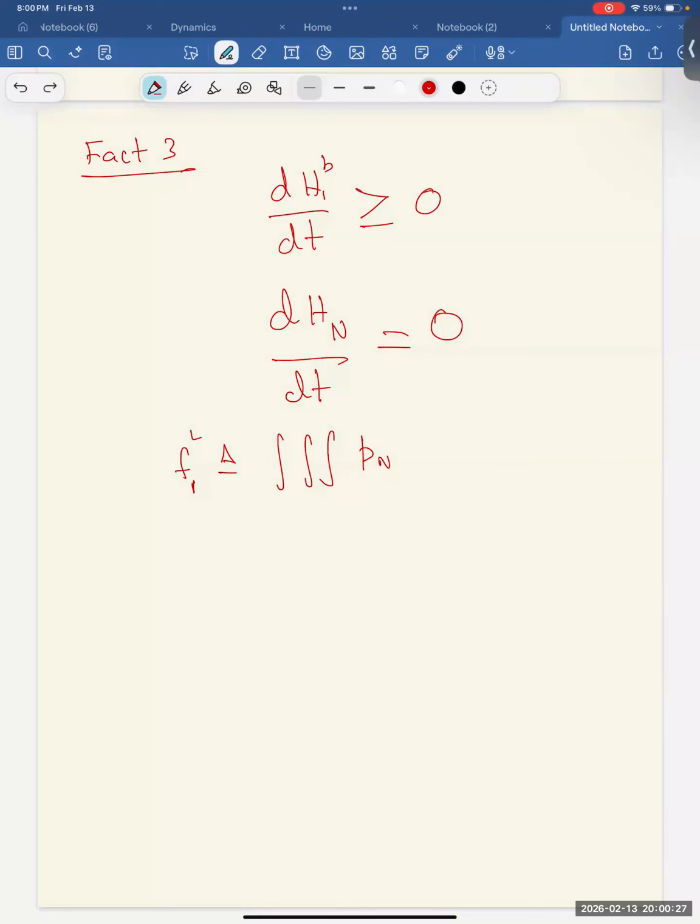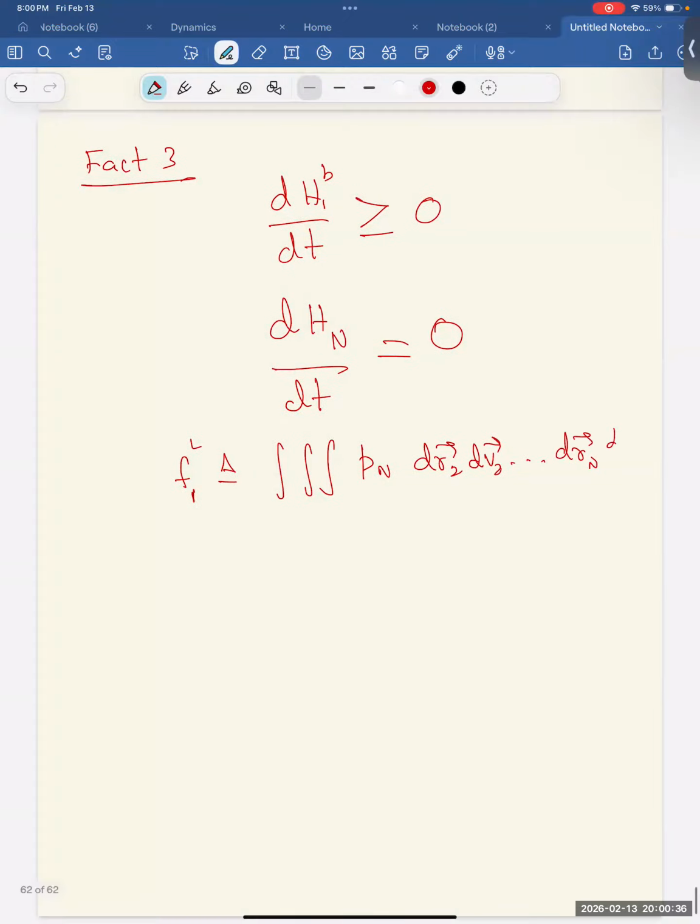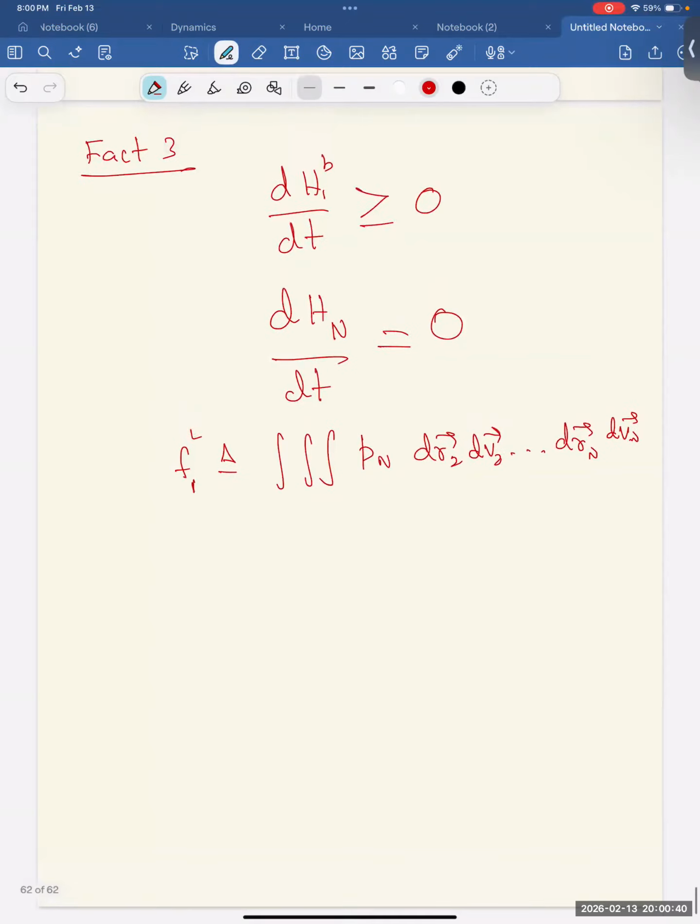Sorry about that. The integral over dr2, dv2, all the way to drn, dvn.